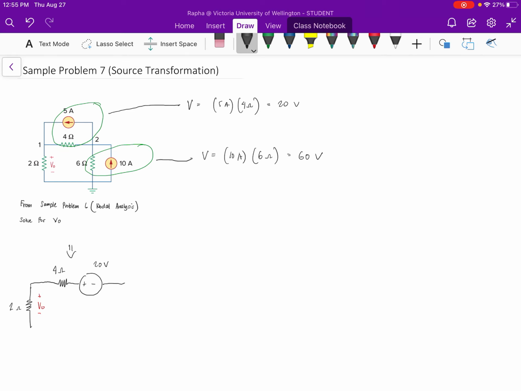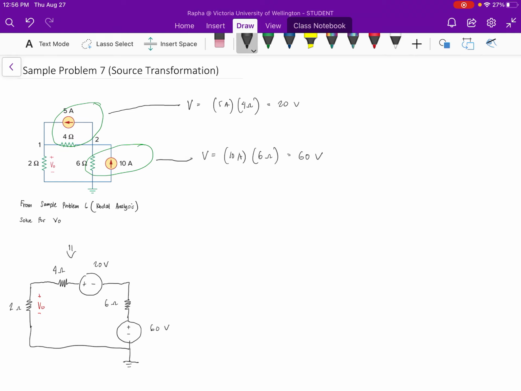And then we have another resistor in series to it, which is 6 ohms, and the resulting voltage source from the second current source, which is equal to 60 volts. And we can redraw that, and this is our ground node.